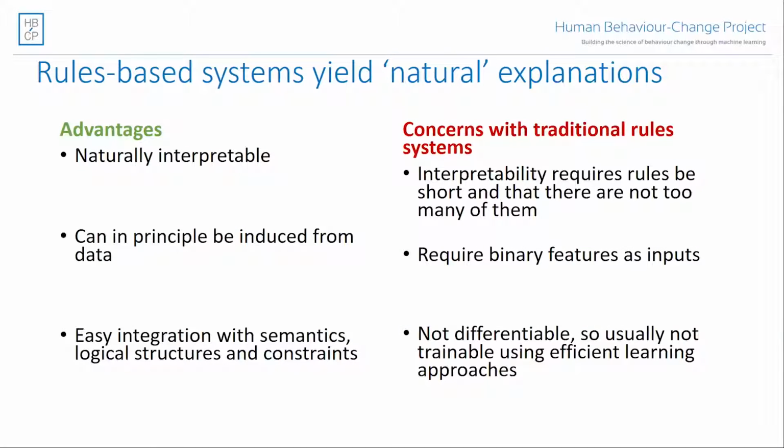And then rules obviously have the opportunity that they can be easily integrated with meaningful categories, such as come from the ontologies. But there was a gap that most rule systems were not implemented using the same kind of efficient machine learning technology that we have today, thanks to innovations in machine learning.